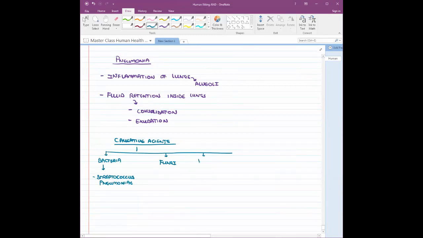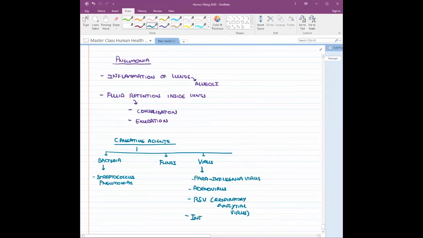The next one we have is viruses. In viruses, we are talking about para-influenza virus, adenovirus, RSV, respiratory syncytial virus, and the last one, the influenza virus.